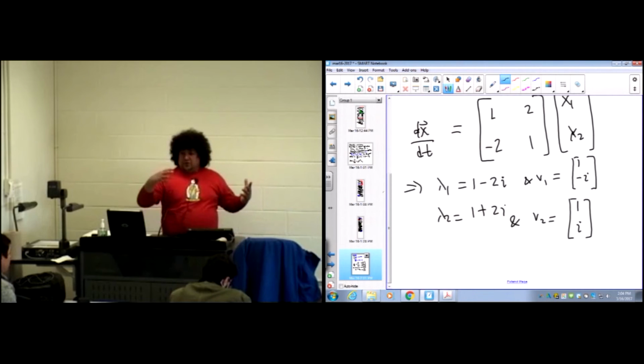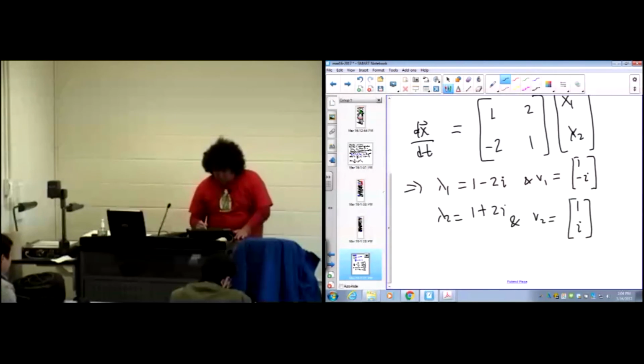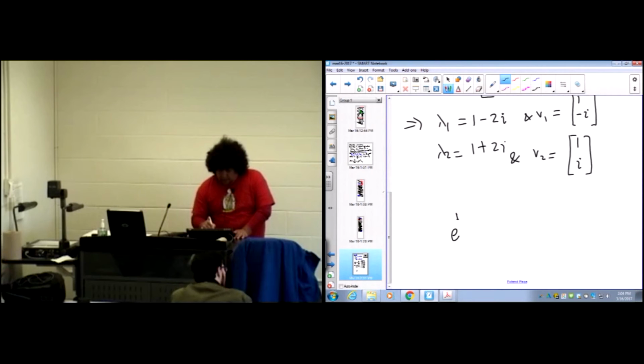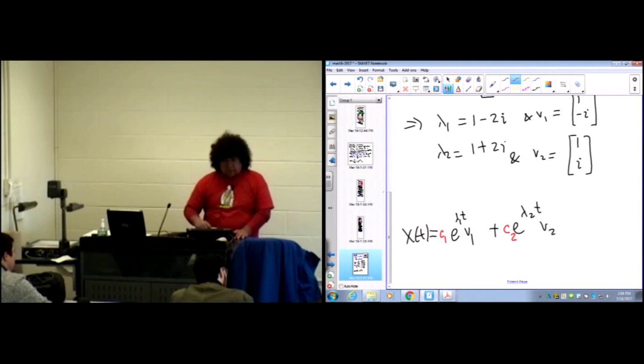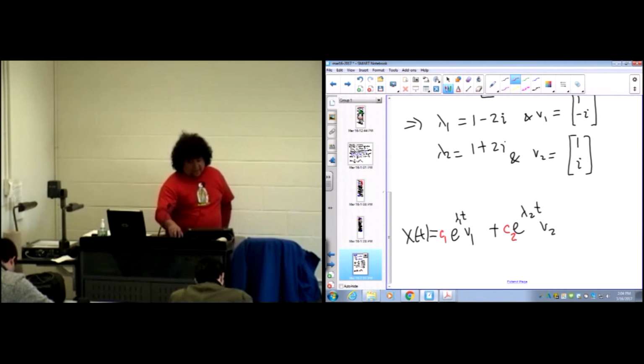So given that these are lambda 1, V1, and lambda 2, V2, what we need to do is compute e to the lambda 1 t, V1, plus e to the lambda 2 t, V2, and this would be the solution x of t. We still need C1 and C2.